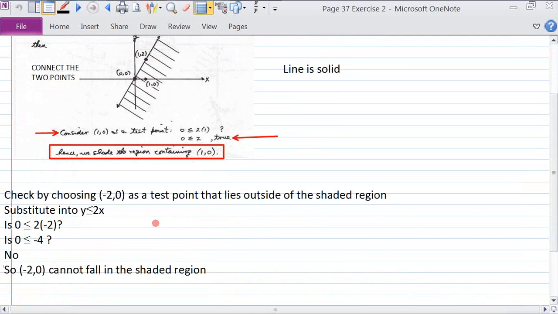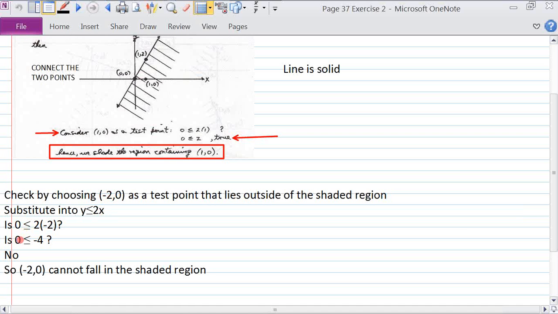Now let's choose another test point that we know lies outside the region just to be sure. For example, we choose (-2, 0), which is over here. We know that that test point shouldn't work. But let's check it out and see if that's true. So we put x equal to -2, and y equal to 0, and ask ourselves, is 0 less than or equal to 2 times -2, because x is -2?